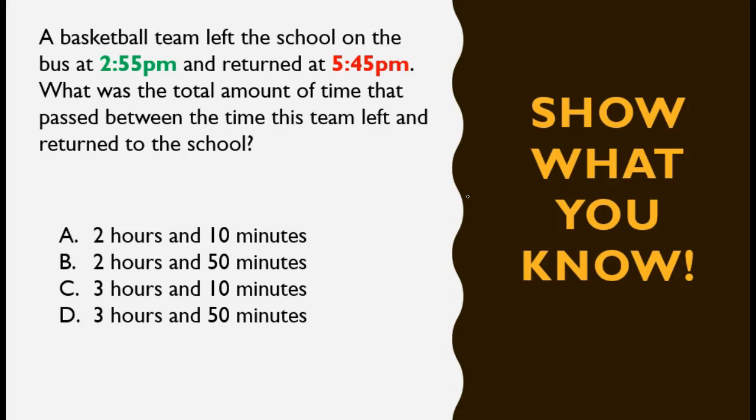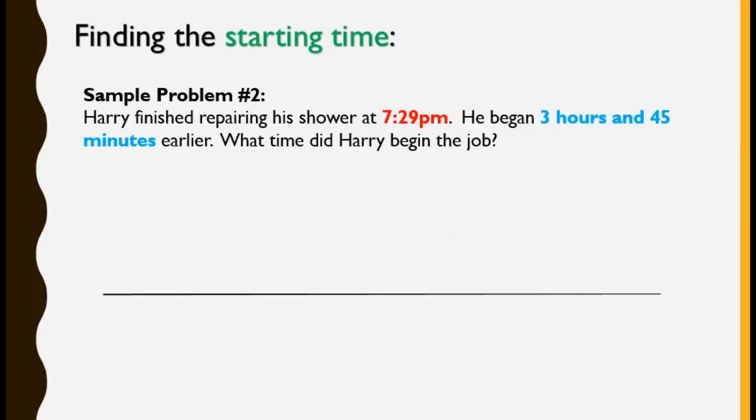So on the back of your paper, you will see this question, and your timeline is right there. I want you to use that timeline, and I want you to work it out with your mountains, hills, and rocks, just like I showed you. Give it a try, and see if you can come up with the right answer.